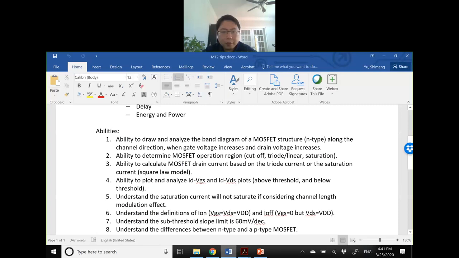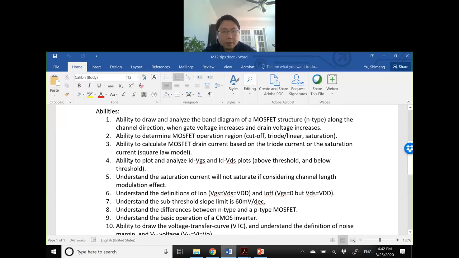And then after you determine the region, then you can calculate the drain current based on the formulas in that equation sheet. And then you should be able to plot and analyze the ID versus VGS or ID versus VDS plots above the threshold and below the threshold.